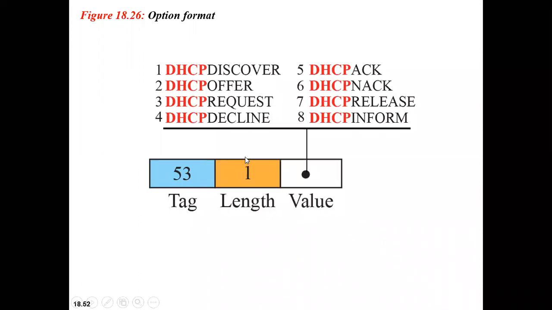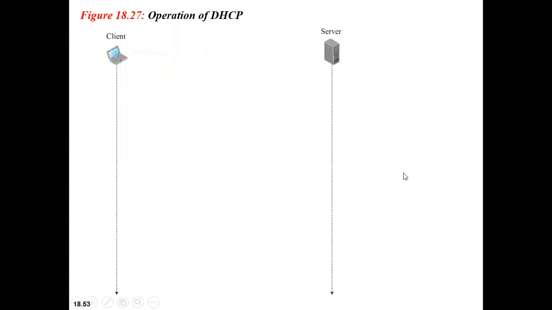This is one of the important fields in the DHCP message format, and it has a dual purpose. It either carries additional information, or it gives specific information to the vendor. Is this clear?